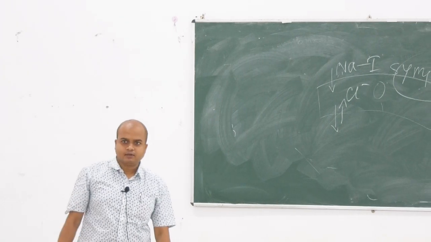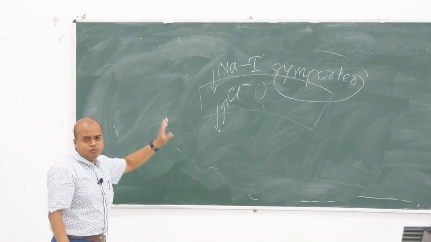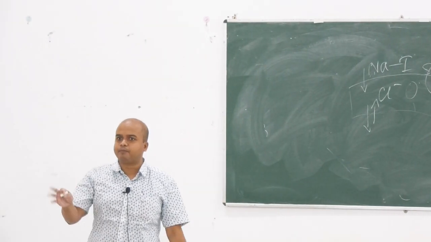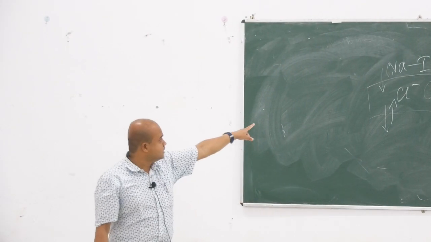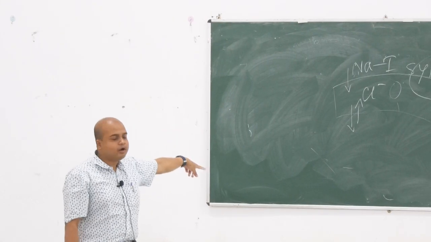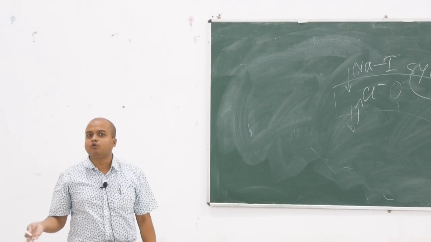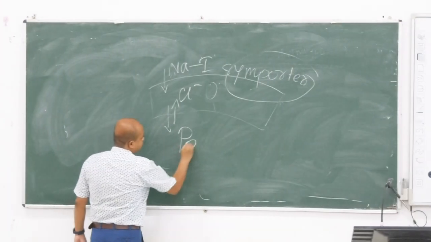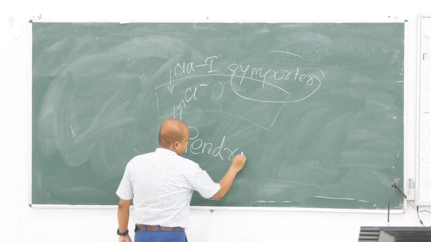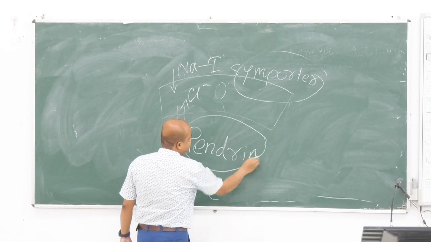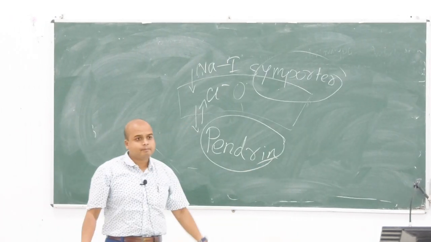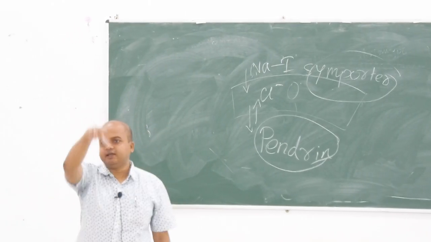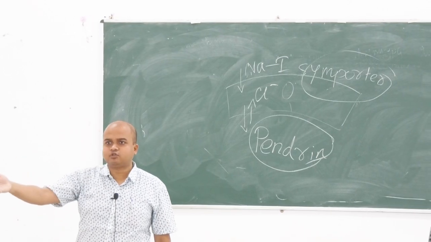They move in different directions, but usually we do not call it the classical antiporter. It is the sodium iodide symporter. Iodine is then incorporated into the thyroglobulin in exchange of chloride. Here it is called the pendrin. This pendrin is assisting in the incorporation of iodine in exchange of chloride.